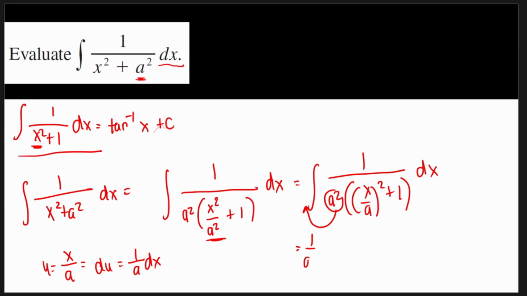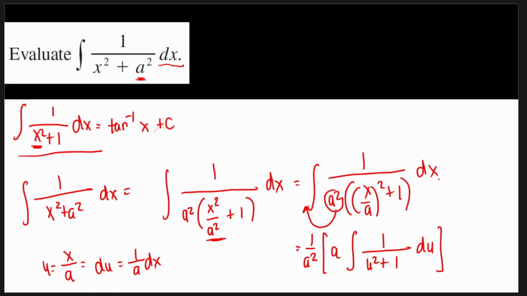So 1 over a squared multiplied by a, and the integral of this should be 1 over u squared plus 1, and since we are replacing it with our 1 over a dx, this is equal to du already.